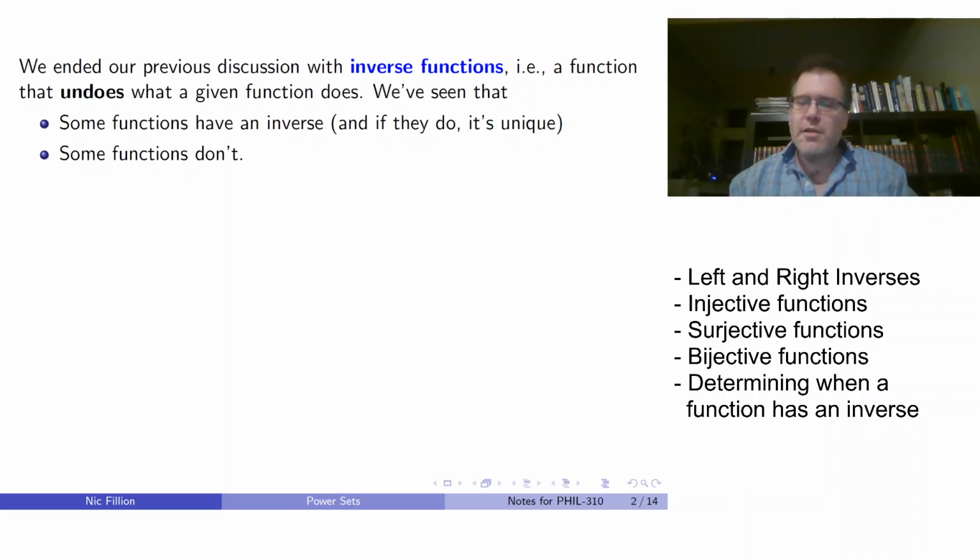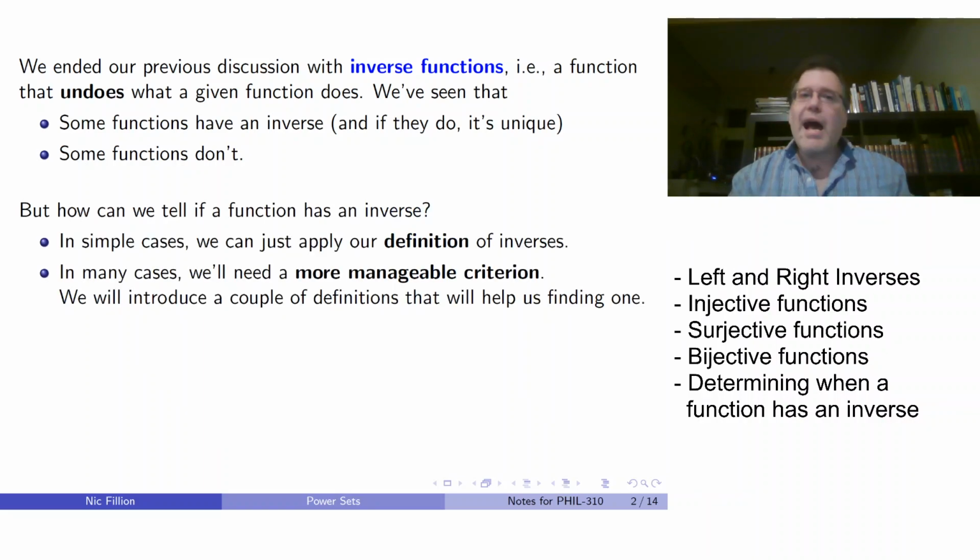All right. So we've introduced a definition. We looked at some of the logical consequences of those definitions, but then that leaves us with an important problem, which is how can we tell whether a function has an inverse or not?